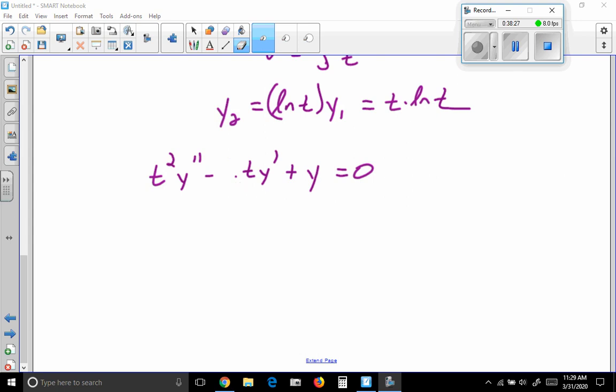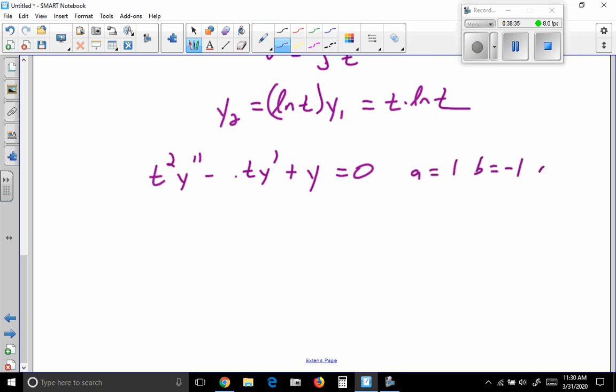So if we would have solved this, this would have been a Cauchy-Euler where a is 1, b is negative 1, c is 1. So our characteristic equation would be a r squared plus b minus a, so minus 1, so minus 2r, plus c equals 0.